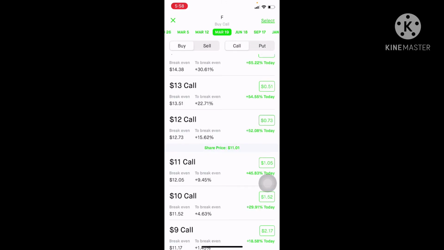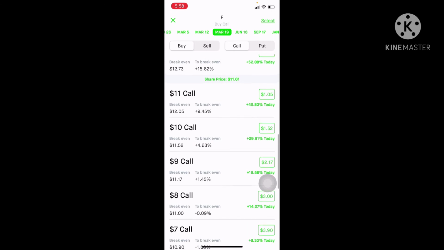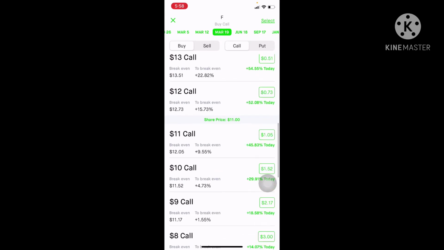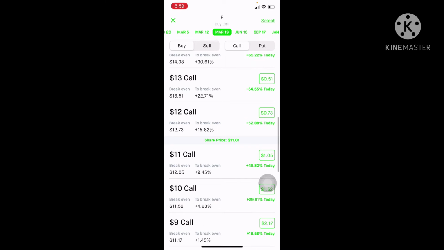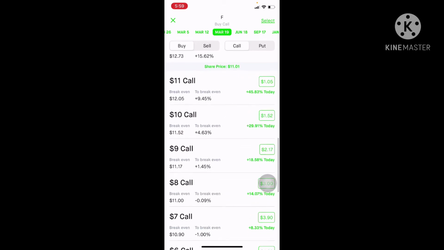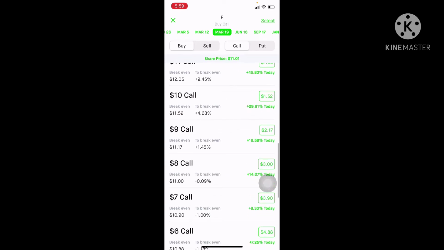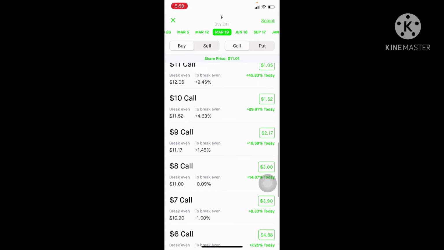Now, when buying a call, you can look at the different strike prices. Strike prices are the numbers on the side, which you can see: $12, $11, $10. When buying a call, if you go lower than what the actual price of the stock is selling for now, that's called buying an option in the money, or an in the money contract.